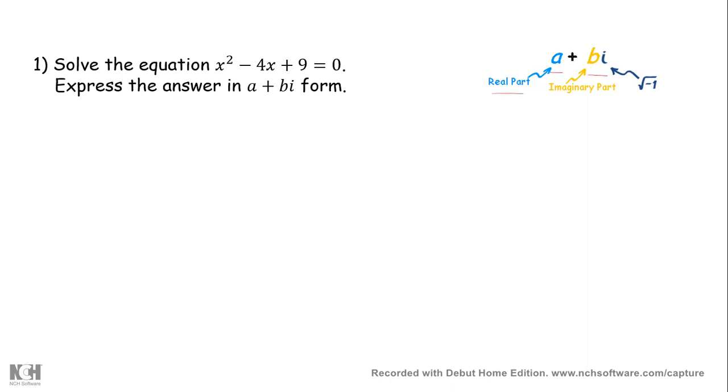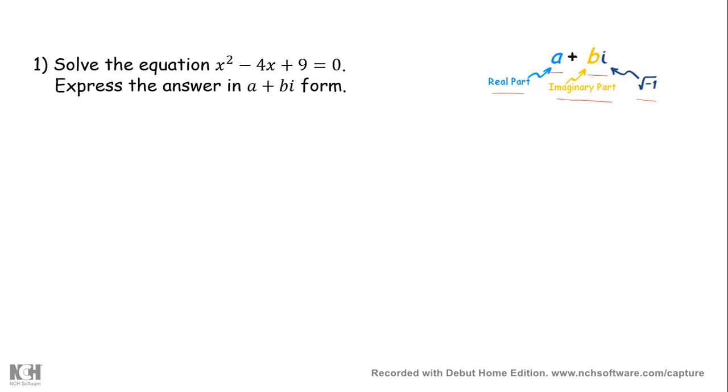The a is the real part, the b is the imaginary part. i equals the square root of -1. Now, really all this means is solve the equation, and you're going to end up getting complex number conjugates, actually. So you can't solve this graphically, because if it's in a plus bi form, it's not going to cross the x-axis. No x-intercepts to check.